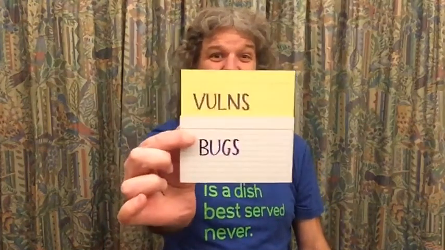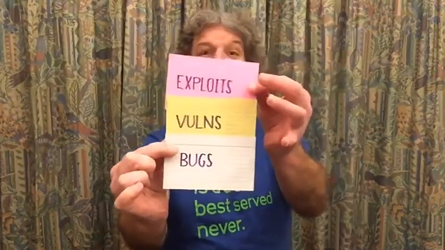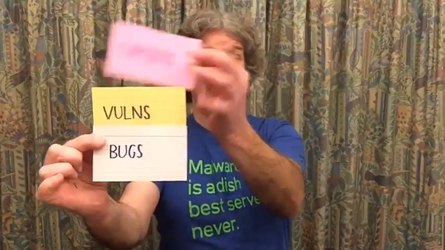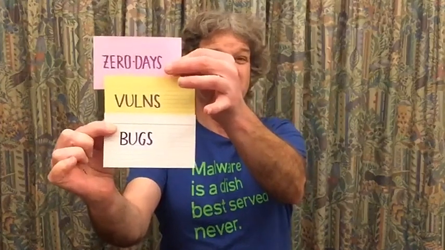So we're going to be looking at bugs, we're going to be looking at vulns or vulnerabilities. Now the jargon term vulns, you'll often see it abbreviated like that. You see I did that on my index card, it was a lot less writing. And we're going to be looking of course at exploits, and the flip side of exploits, if you like, which are things called 0 days.